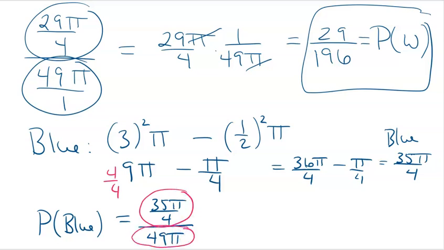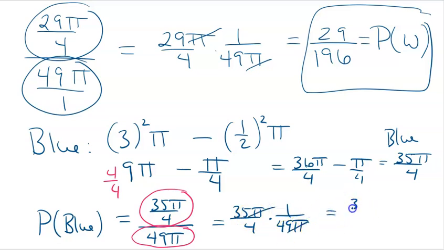So what I must do is flip the bottom fraction upside down. So it's 35 pi over 4 times 1 over 49 pi. Remember, I flipped 49 pi over 1 upside down. It's 1 over 49 pi. Luckily, those pi's cancel again.